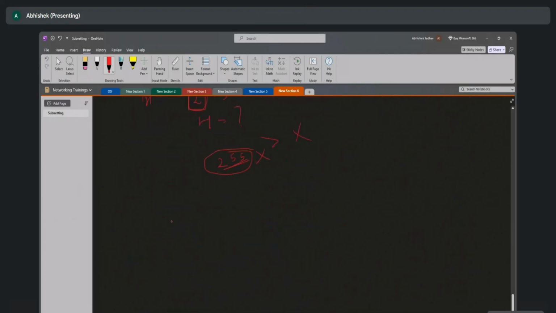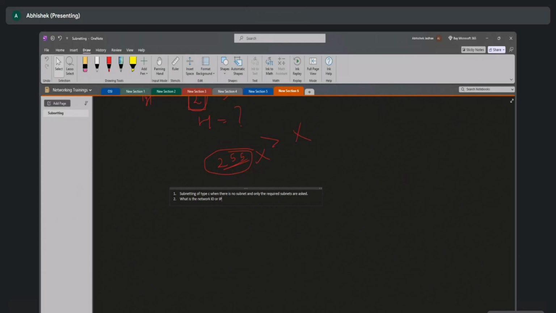So what are the important things which we have learned? Number one thing is we have learned subnetting of class C when there is no subnet given and only the required subnets are asked. That's the number one thing. Then we have learned what is the network ID, or network IP.